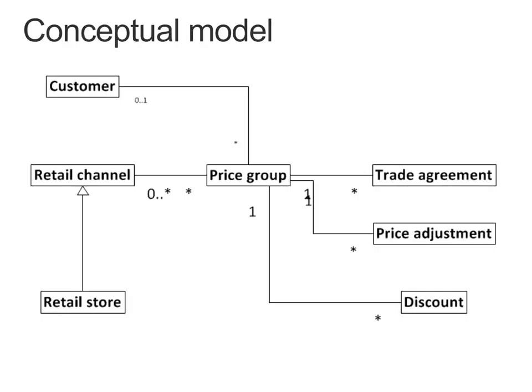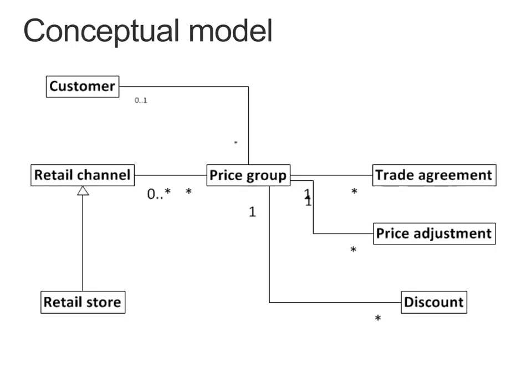One thing about this is we have a so-called retail price group. It's really just the regular customer price group, but we put a checkbox on there that allows us to filter in the UI. So if you assign a price group to a retail channel, you only see the retail price groups.